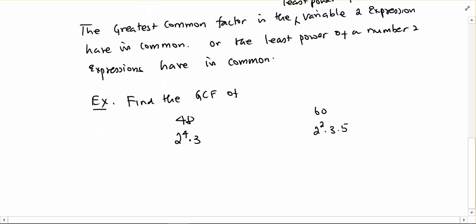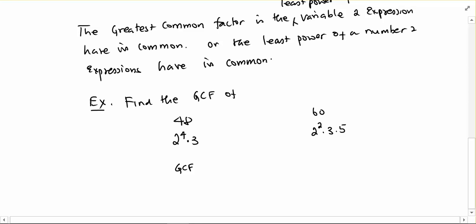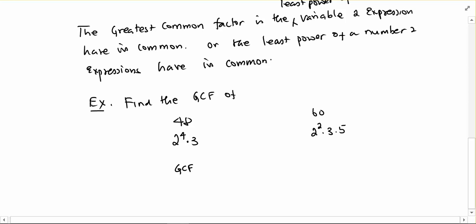So the greatest common factor, the GCF, is the least power of a number the two expressions have in common. So let's see, they both have 2 in common, and the least power is this one, so the GCF is going to consist of 2 to the 2nd.